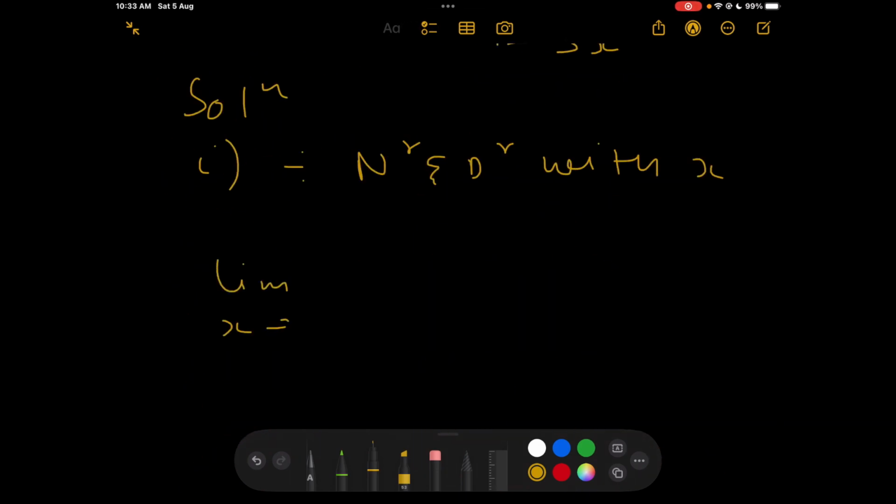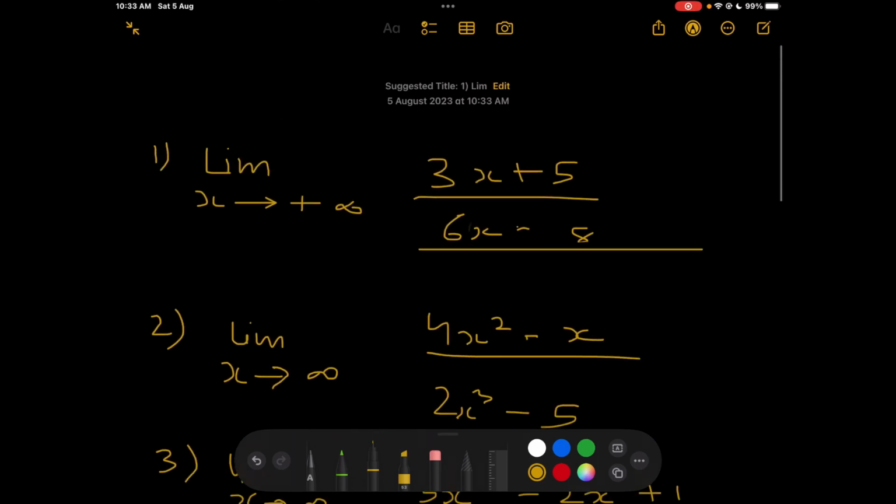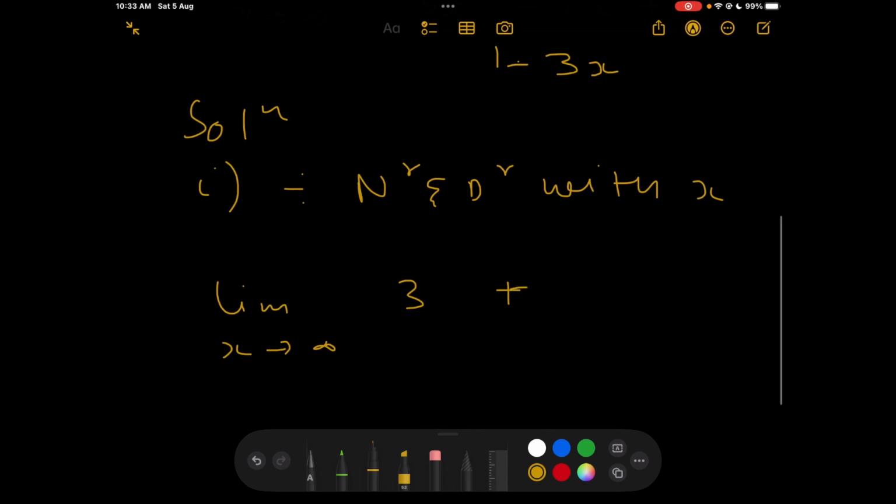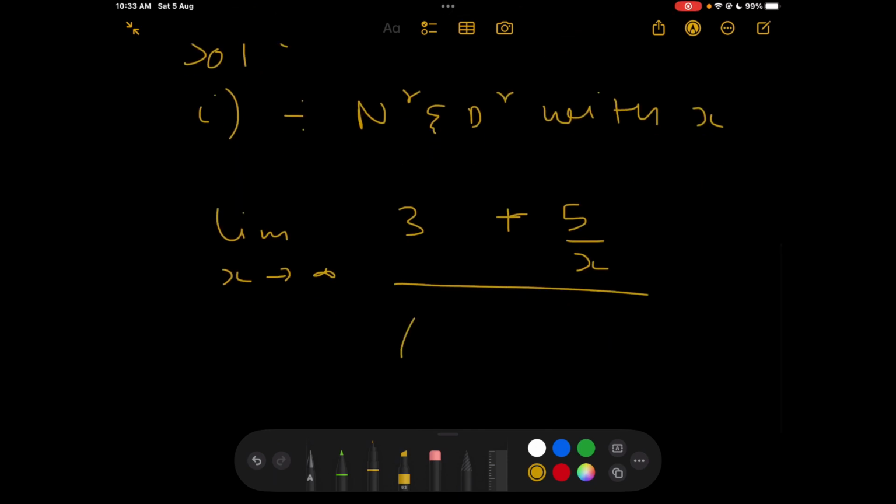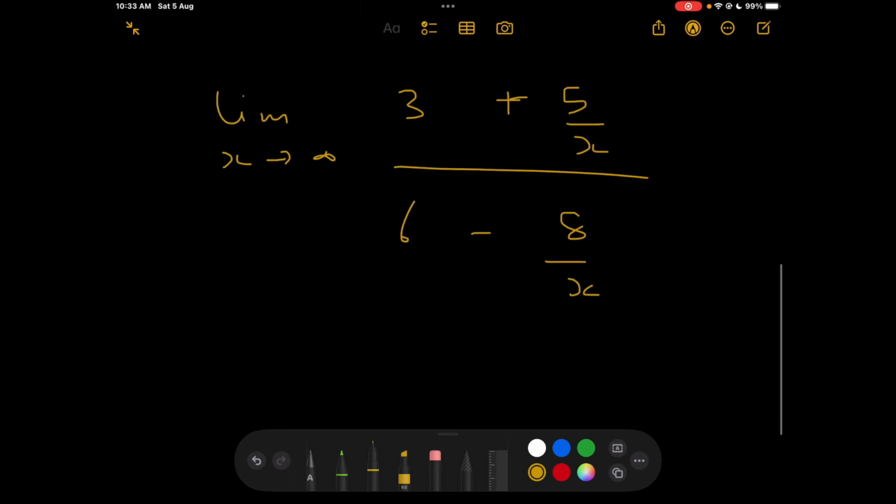So when we do that, we'll get limit x tends to infinity (3 plus 5 by x). First we'll solve these questions with the long method and then I'll also tell you a shortcut method for the same. Fine. Minus 8 by x. Now we can separate the limits.